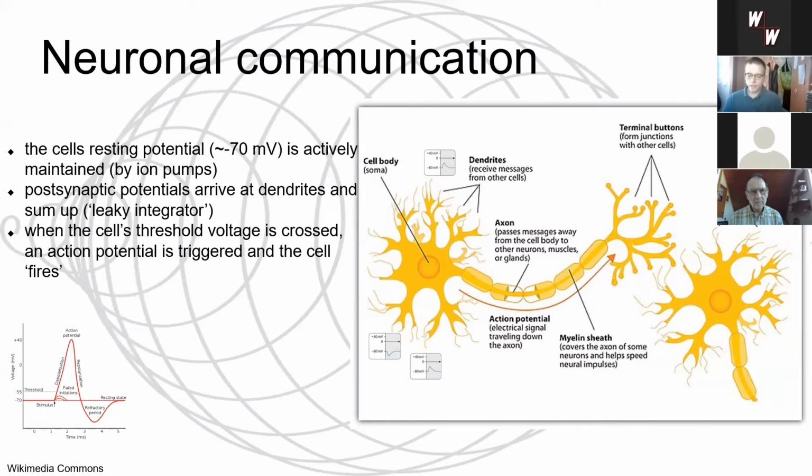Each neuron has an electrical potential relative to its surrounding that we call the resting potential. This resting potential is actively maintained by ion transport processes across the cell membrane. It is a negative potential, at about minus 70 millivolts.